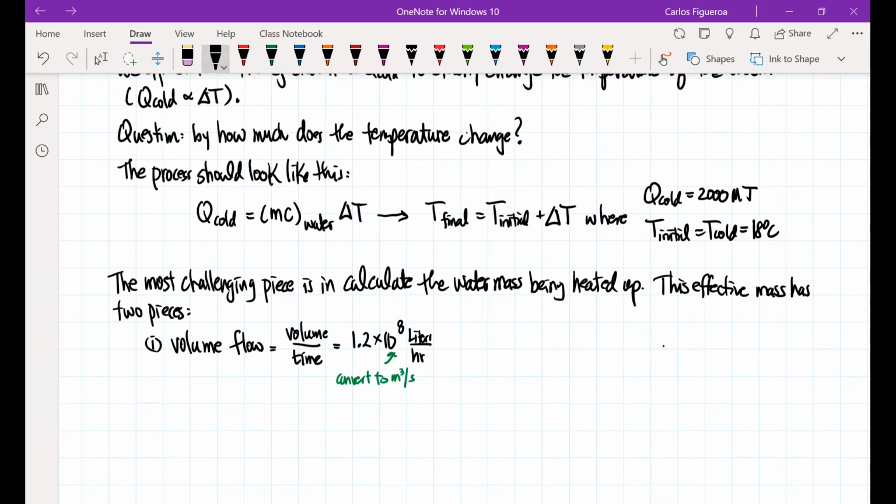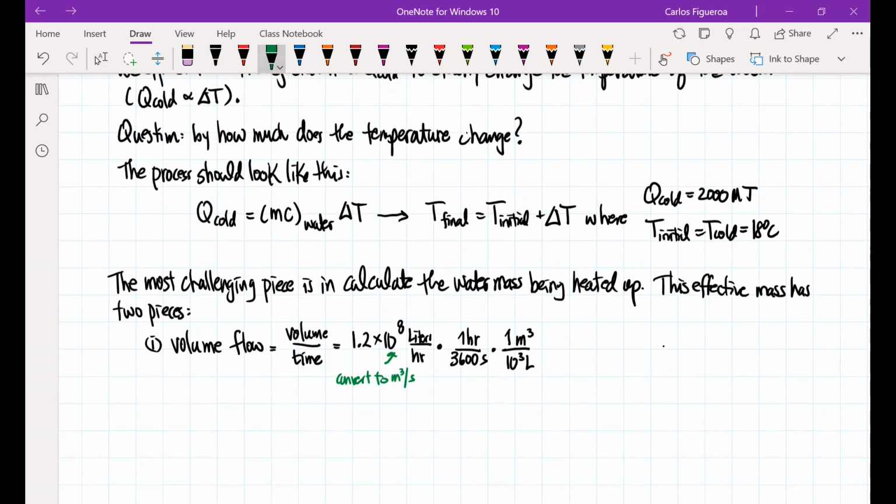I have 3,600 seconds in 1 hour, and in 1 meter cubed there are 1,000 liters.